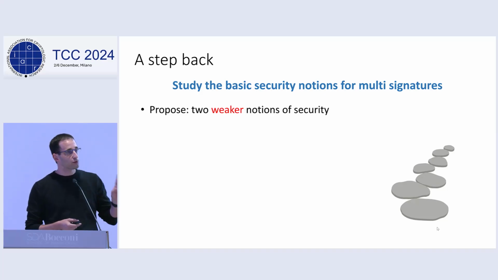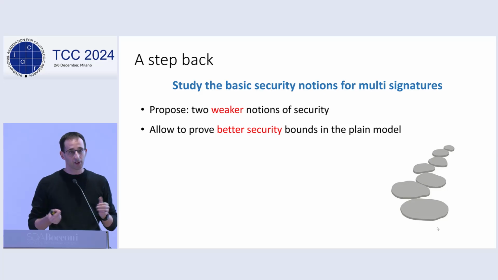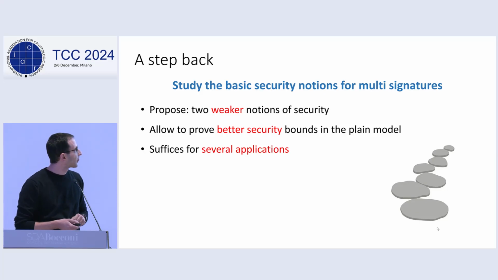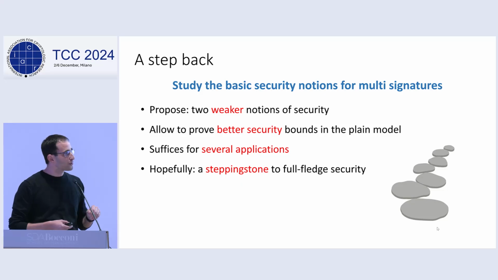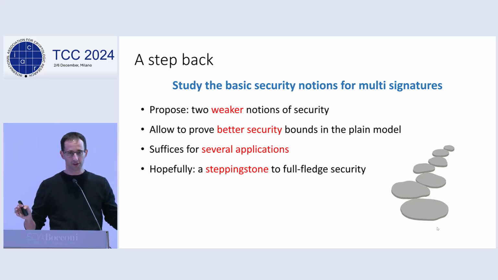So we propose 2 weaker notions for multisigs. They allow us to get better security bounds, so we don't have these nested applications. These 2 weaker notions suffice for many applications, and hopefully they are a stepping stone towards getting full-fledged security of multi-signatures.